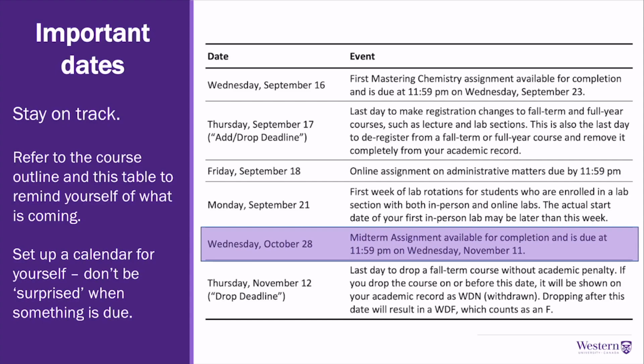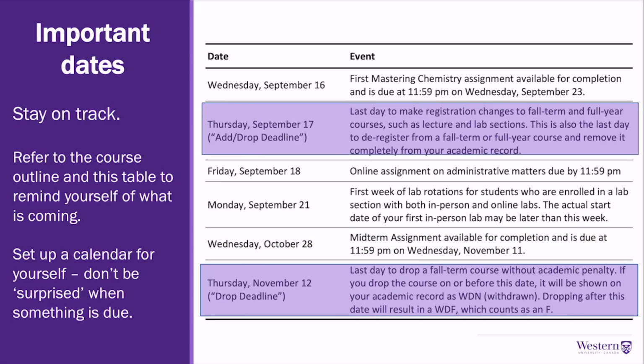We don't anticipate anybody having problems completing this with such a wide range to complete the work. And we'll give you more on that as time gets closer. And lastly, we have the add drop date deadlines, and I don't anticipate anybody's going to want to do that for Chem 1301. Why? Because it's an awesome course, and everybody's going to probably do just fine. But those are the dates in case you need them.